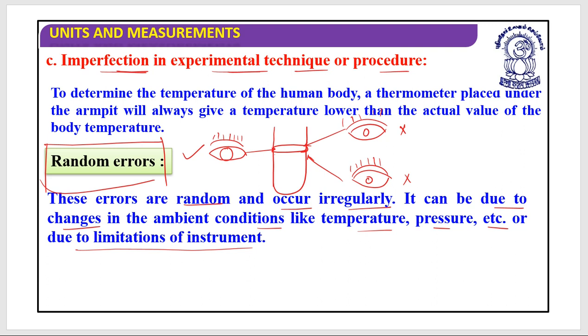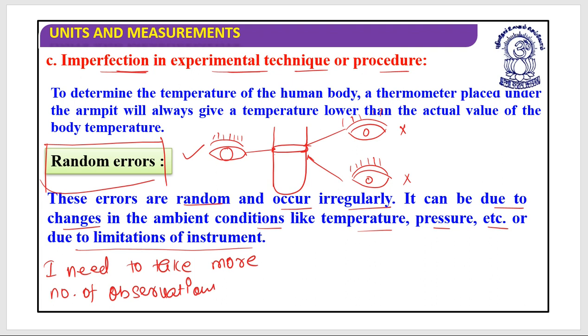But how could I reduce the random errors? To reduce the random error, I need to take more number of observations.